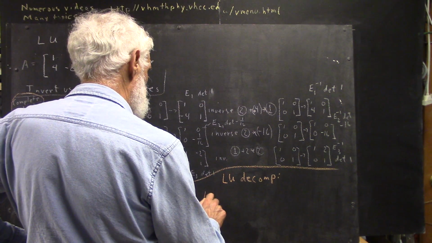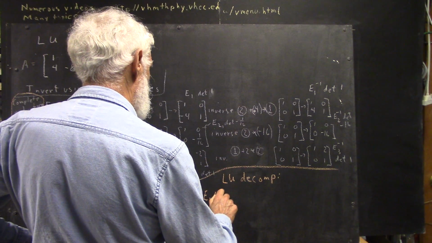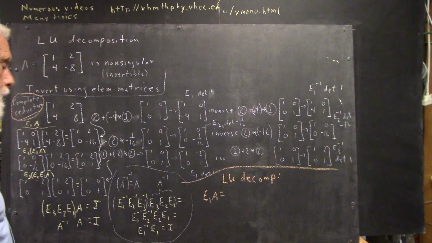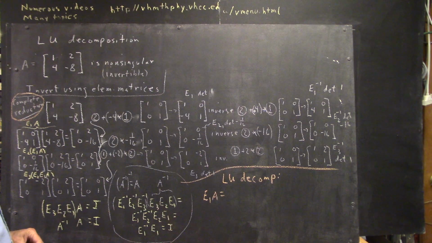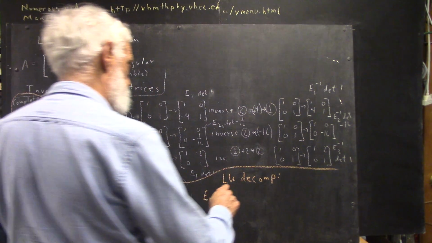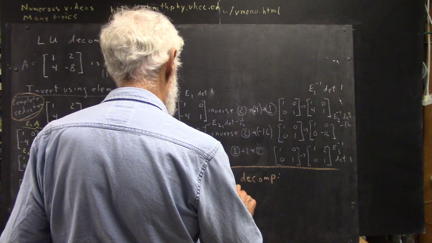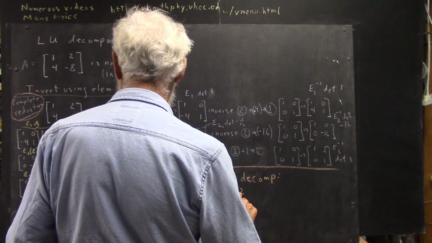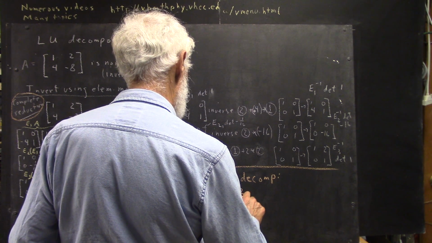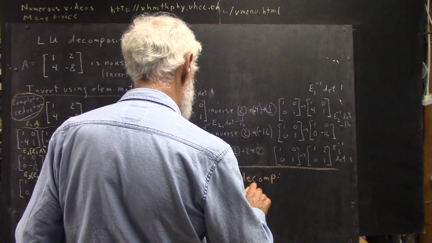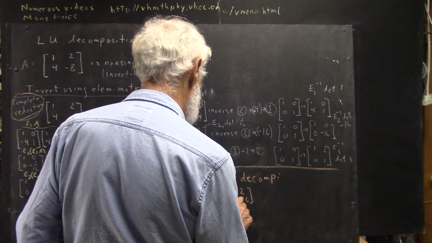We do E1A. Okay, that's just this. And that equals 1, 2, 0, negative 16.